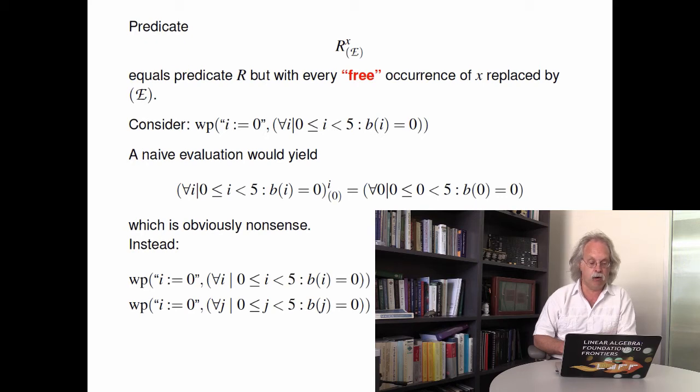Any occurrence of i that was bound previously to the quantifier has now been replaced. And then we can replace every free occurrence of i with the expression 0. Now it happens to be that there is no free occurrence of i in this expression, and therefore we simply get the expression itself back again, which of course is correct.